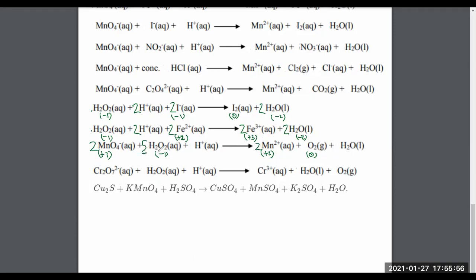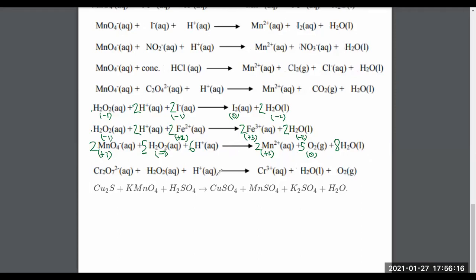And with this 5 O2, this oxygen must be balanced. All right. And then the remaining 8 oxygen should be balanced with water. And altogether, I have 16 H on the right side. I have only 10 here. So I have to put a 6 here to balance it off.